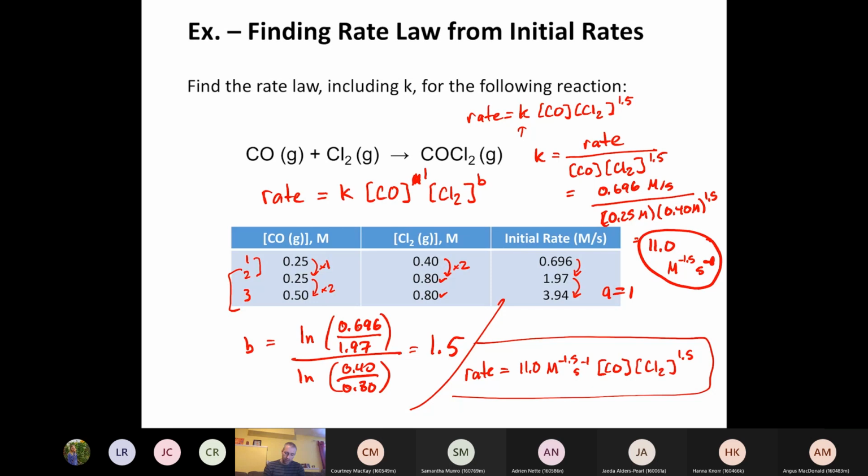Great. So that is how you go from taking this table of experimental data to determining what the rate law is for that reaction. So that's important because it explains how quickly things happen.